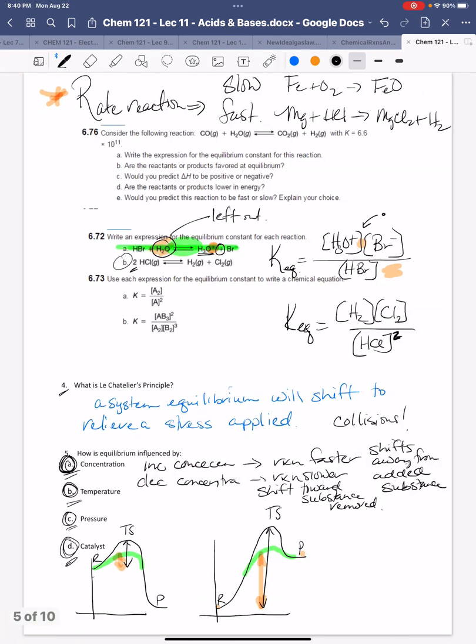So heat or temperature acts much like concentration. So if I increase the temp, it's going to shift away from it, right, just like this one. And if I decrease the temp, it's going to shift towards it, just like concentration. So those kind of act the same.